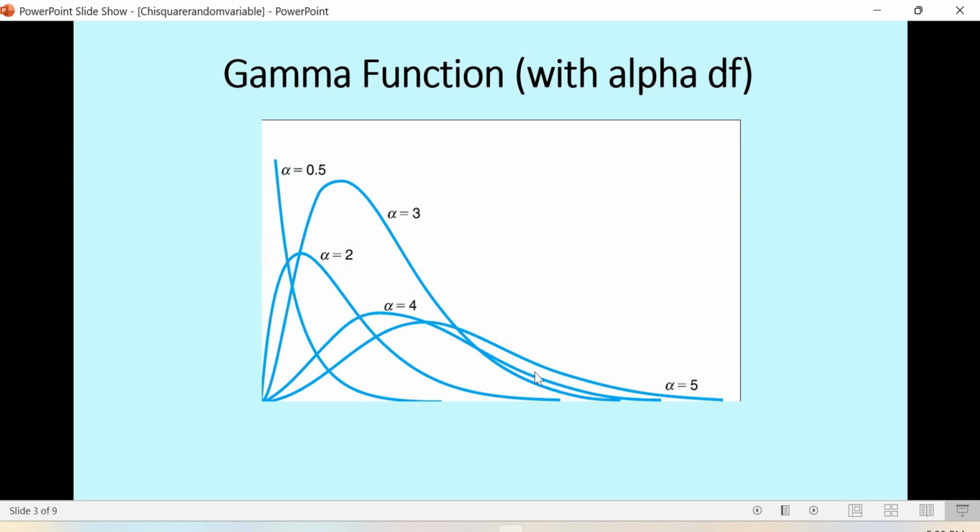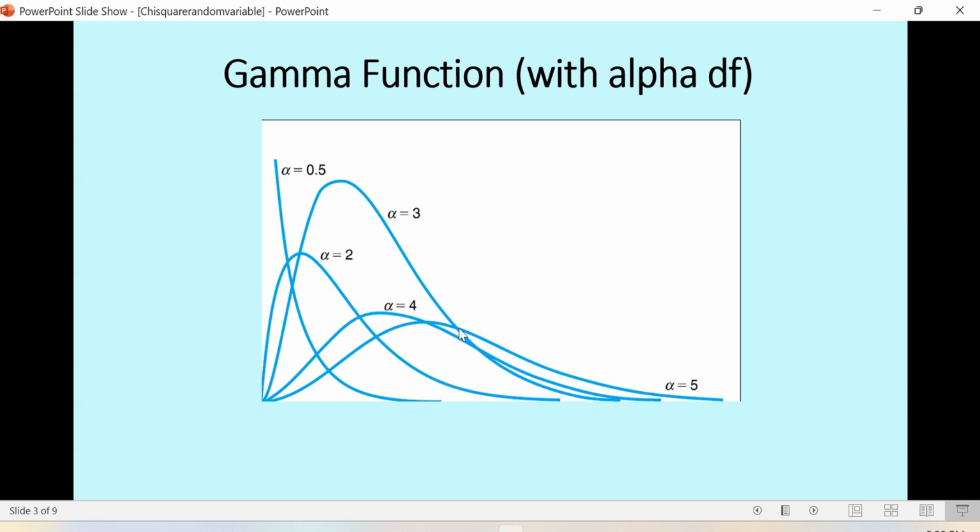In this figure, we have several probability density curves for the chi-square random variable with different degrees of freedom. For example, this is degrees of freedom 0.5, this is 2, this is 3, this is 4, and this is 5.